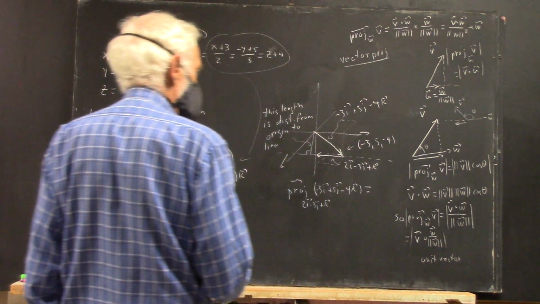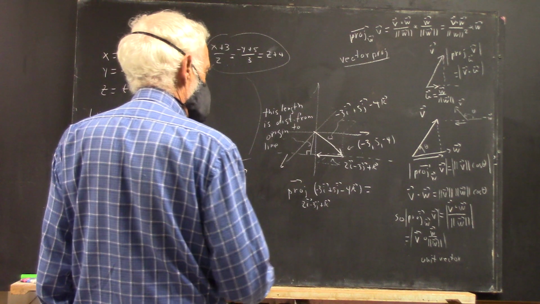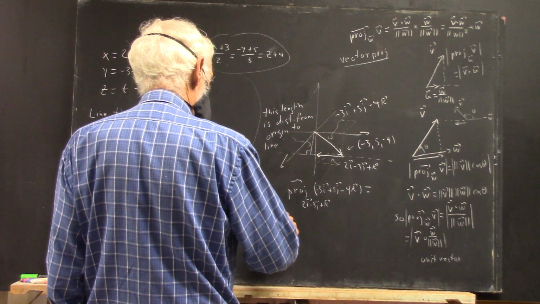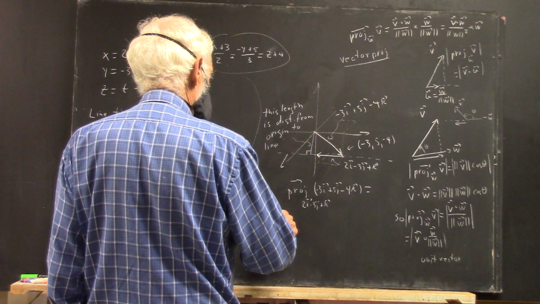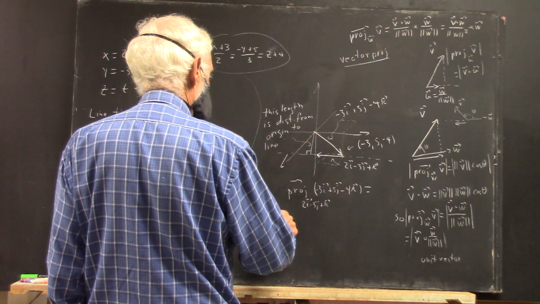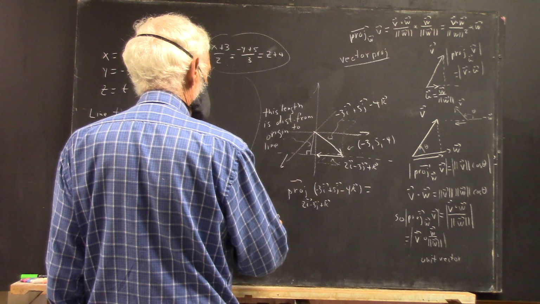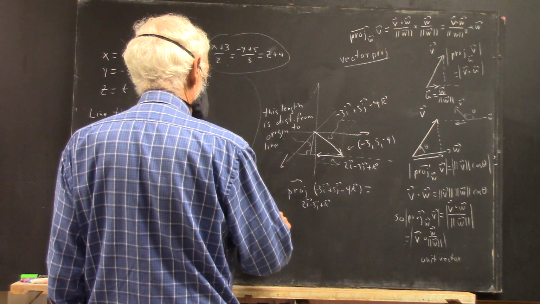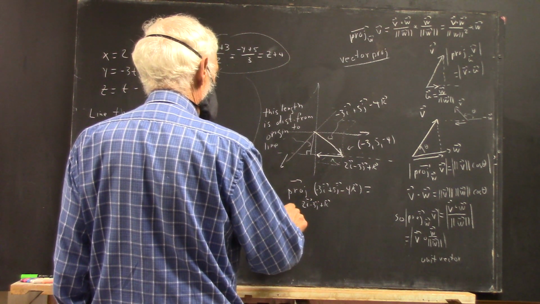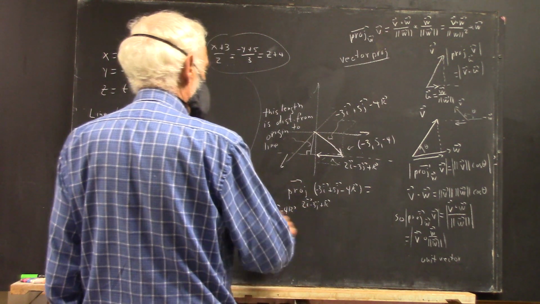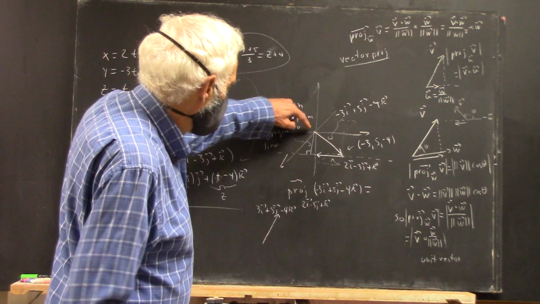And that's going to give us, so let's say this is your 3i plus 5j minus 4k, the vector from here to here.